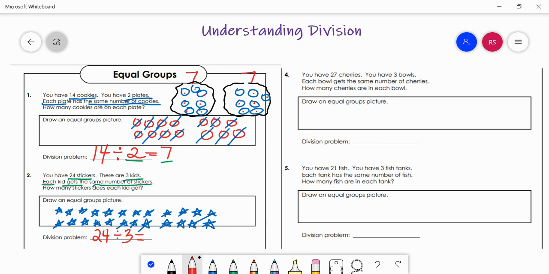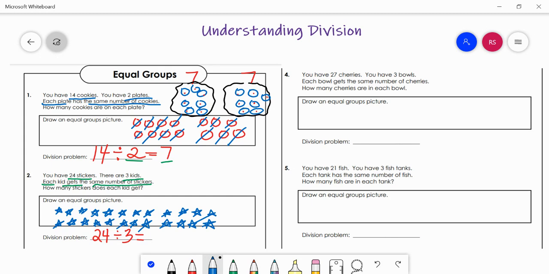Okay, we have to figure out what our answer will be. So let's take a look. I have 24. I have to make them into 3 equal groups. So let's think about this for a second. 24 divided by 3. Well, I know that multiplication is the opposite of division.